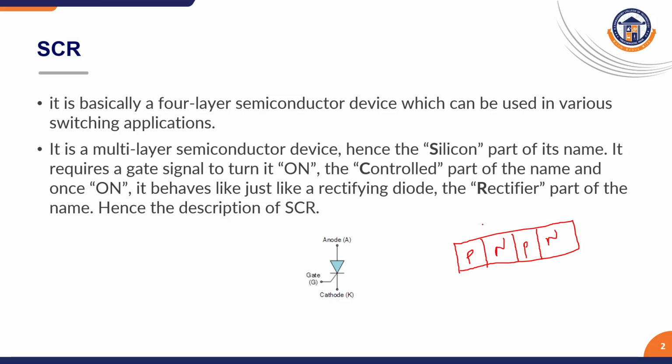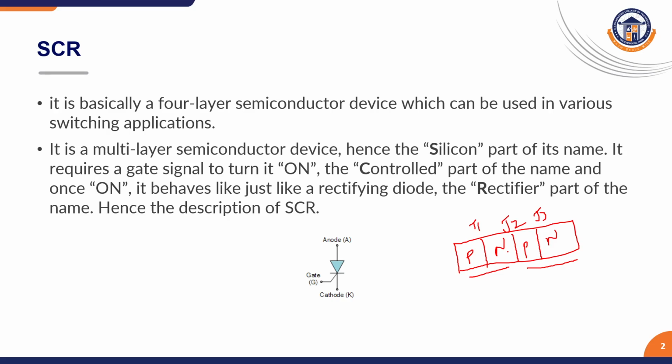So there will be three junctions: junction one, junction two, and junction three. These are two PN diodes forming an SCR, or two transistors, one PNP and one NPN transistor, forming an SCR.